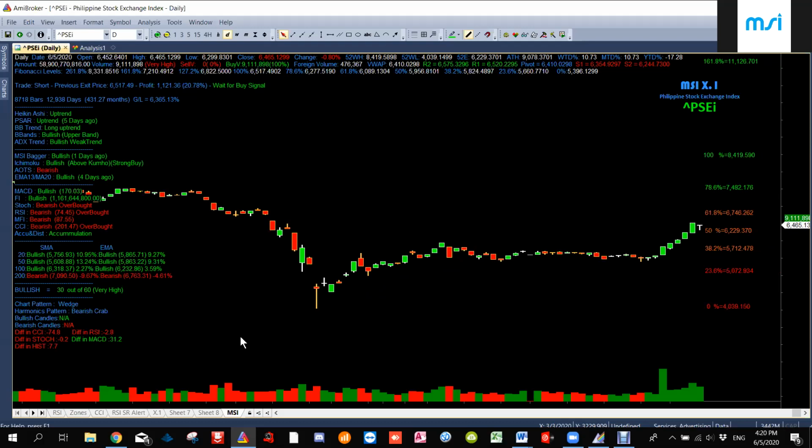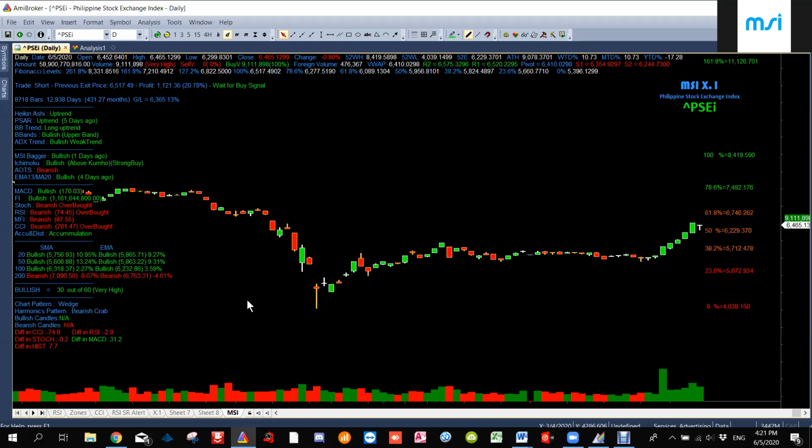Mas marami ba yung bullish na binibigay ng system based on the price action, or mas marami ba yung bearish? And then beside it, you will see an analysis based on the 30 days average score ng price action niya.